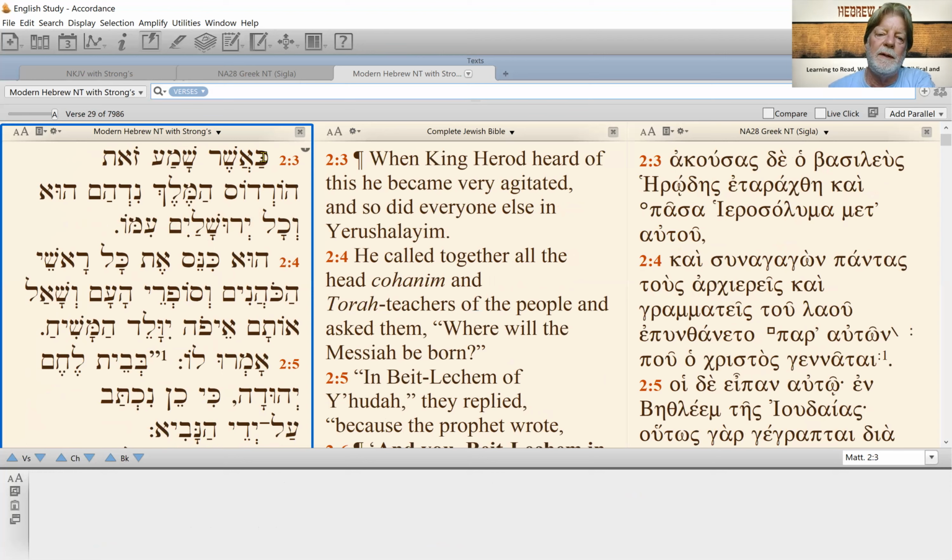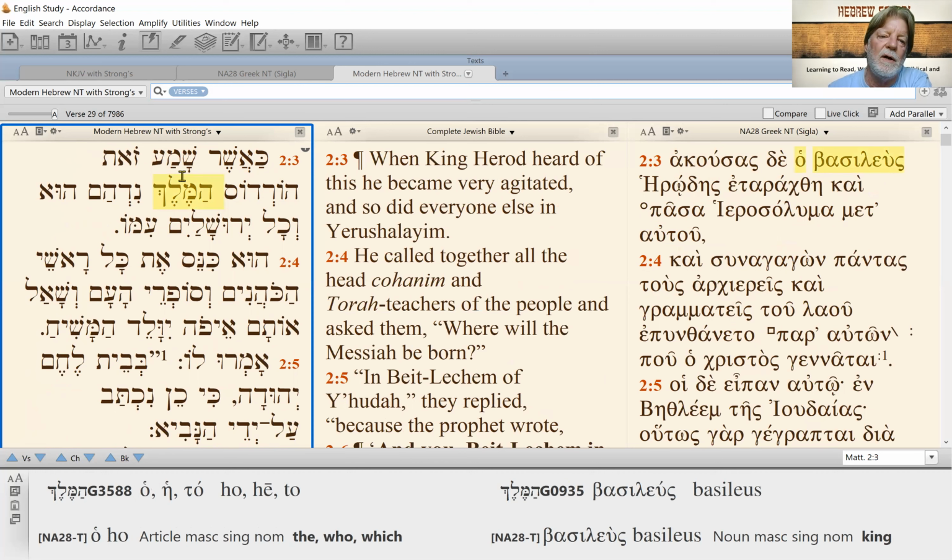Ka'asher, here we've got a kaf prefix, asher, that is the Hebrew word for that or which, ka'asher. It really means when, but that's one of the ways that you say when in Hebrew.